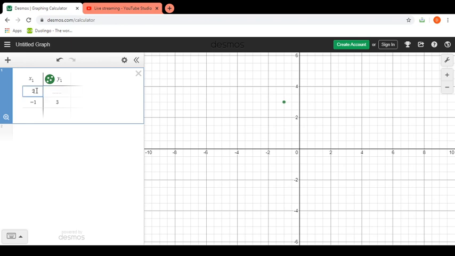Give me the reflection of this point about your x-axis and y-axis.